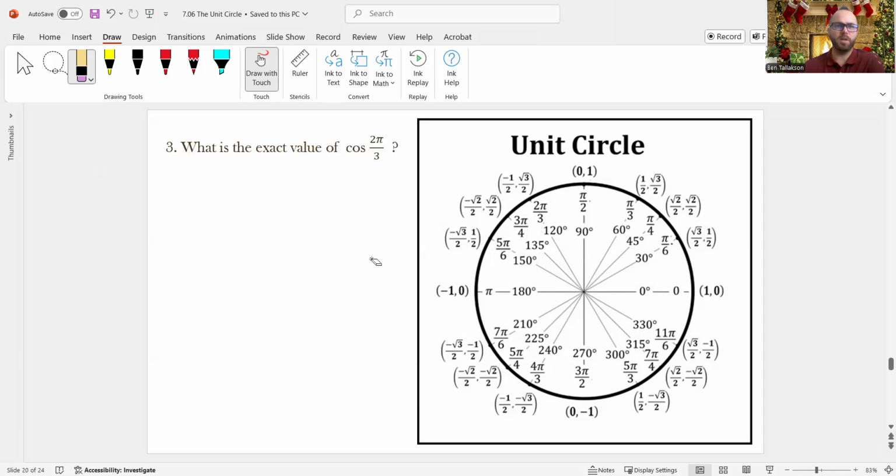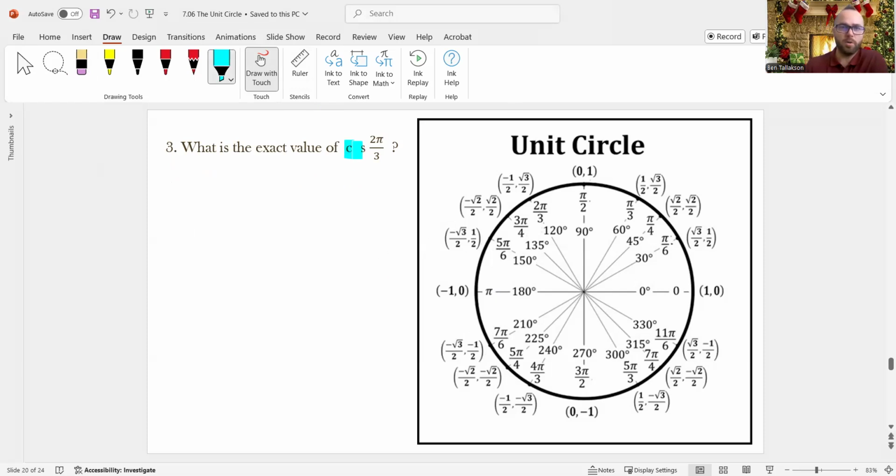All right, number 3, what is the exact value of the cosine of 2 pi over 3? Again, for all these, I encourage you to pause, give yourself a try. Again, this is a problem that's very quick if you know what you're looking for.